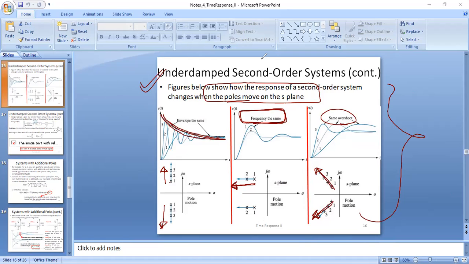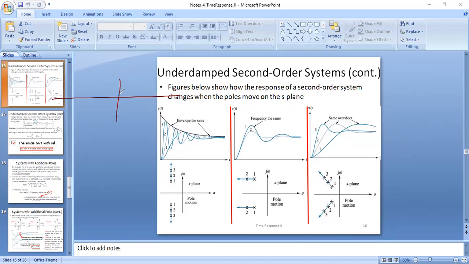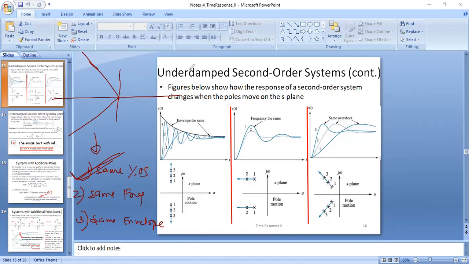The question will be like, suppose they have given a figure like this, and they will ask you to tell whether it is the same overshoot, same frequency, or same envelope. So you will take this one.